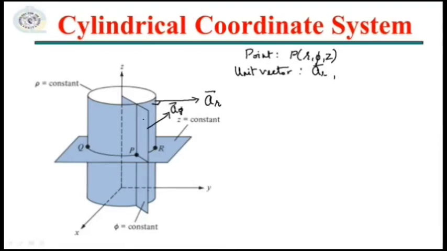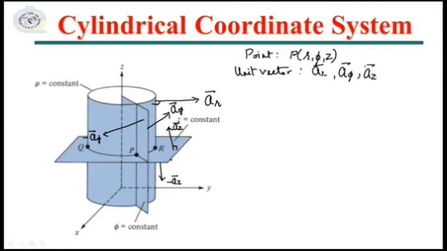If it moves this way, then it's negative, so this is minus a_phi bar. Okay, so the next one is a_phi bar, and the third one will be the unit vector which is normal to the z constant plane. So here I'm adding a_z bar, positive direction, and if it is in the negative direction you have minus a_z bar. So you have a_z bar as the next unit vector.